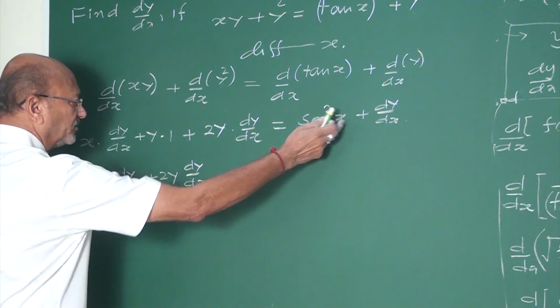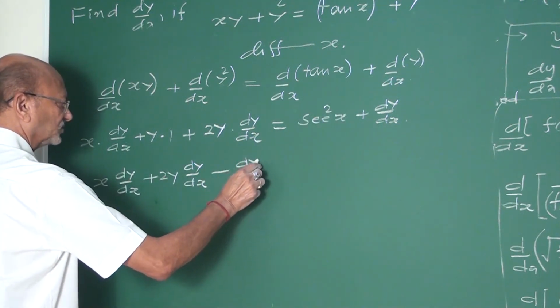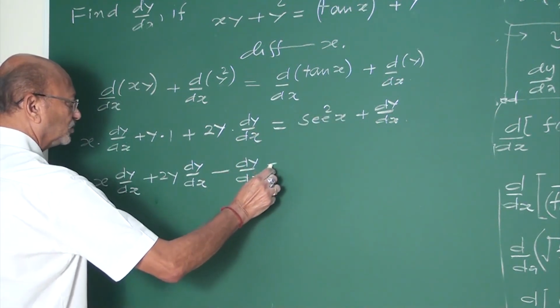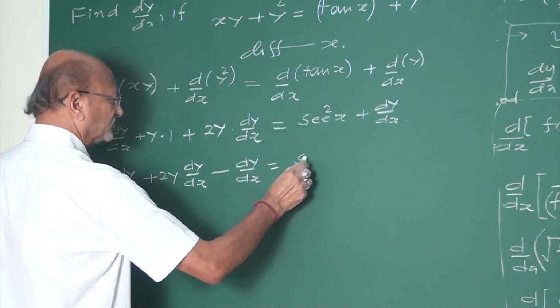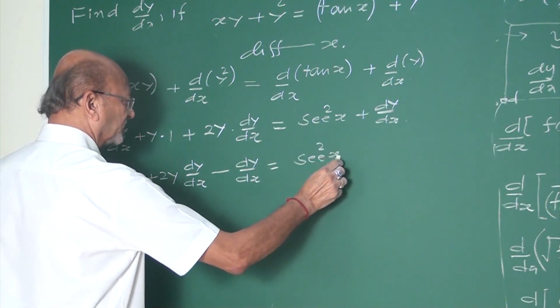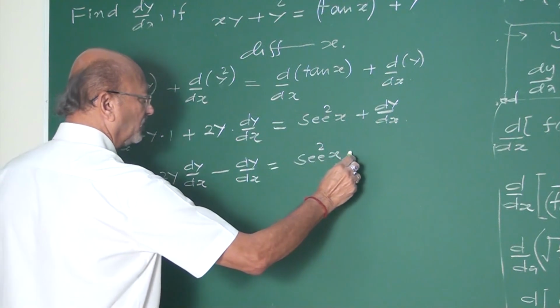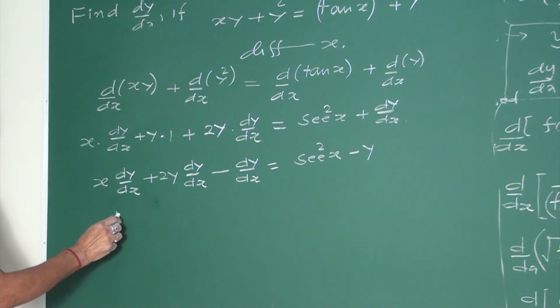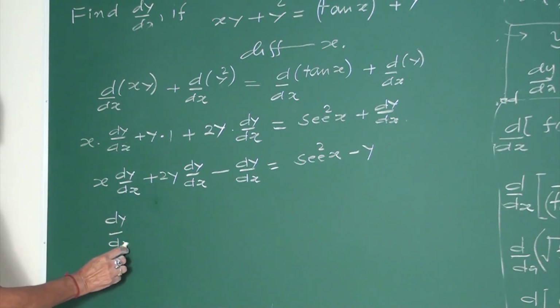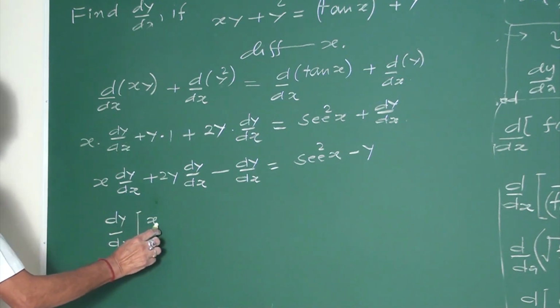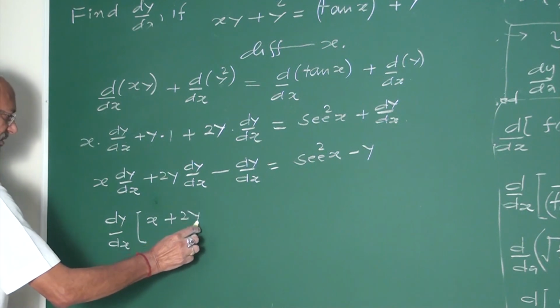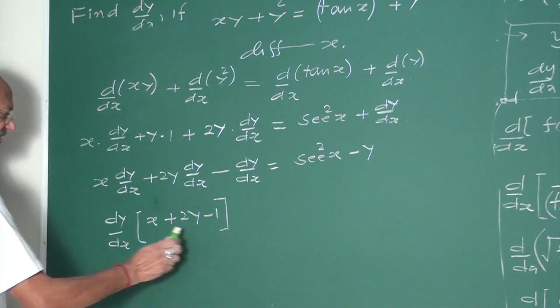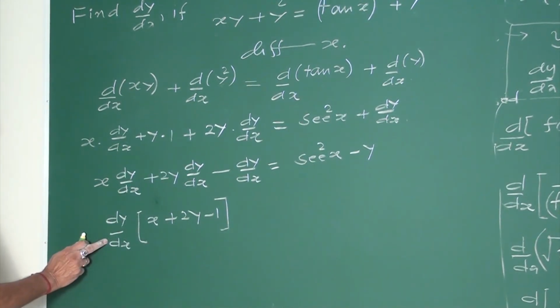There is one more term in the RHS, bring it to the LHS. Equal to sec square x, and plus y becomes minus y. dy by dx is common: x plus 2y minus 1, taken common from all three terms.